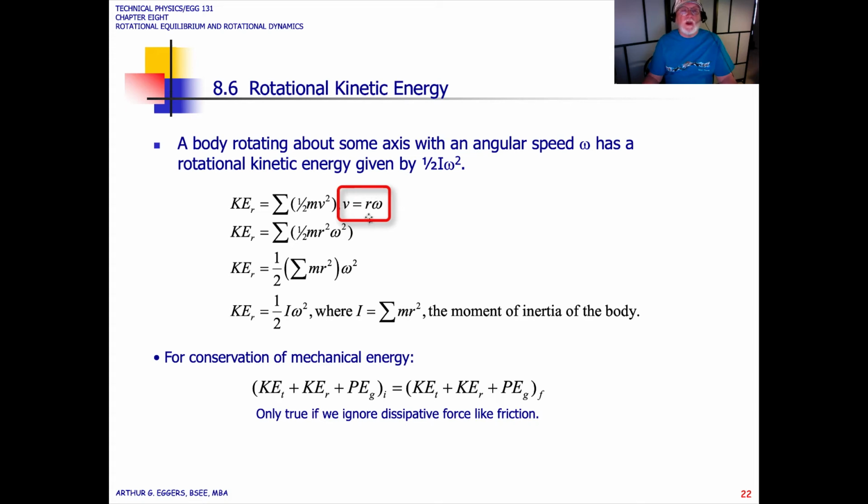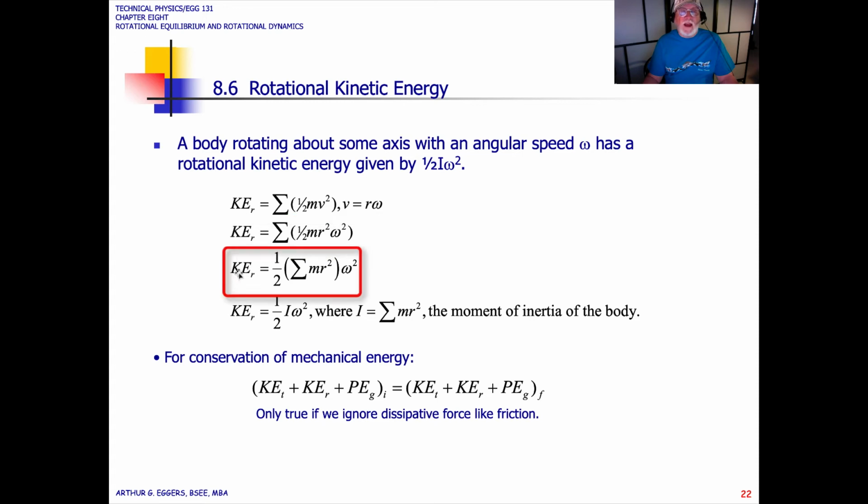So again, we have a conversion relationship between linear and angular. So the kinetic energy in a rotational body is equal to the summation of all of the masses times the radius at some distance times omega squared, okay? Because we substituted r omega for v, v squared then became r squared omega squared. So 1/2 the mass, r squared omega squared.